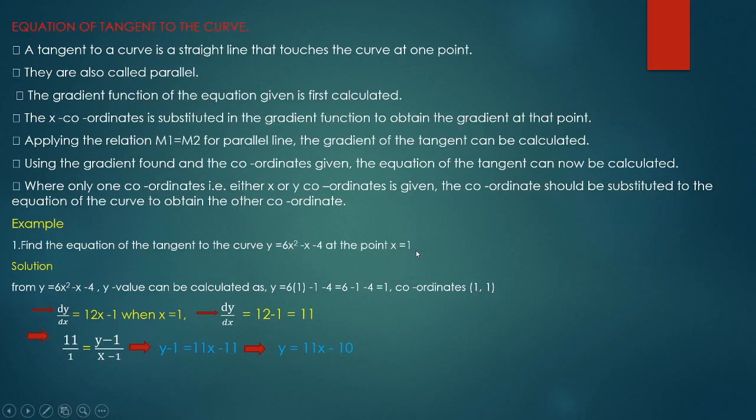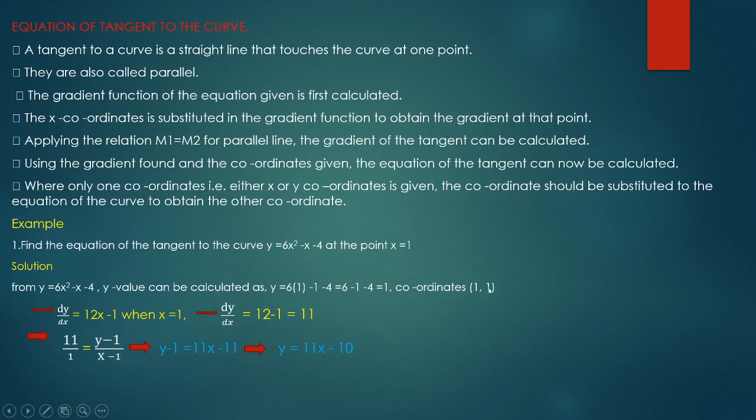To get the coordinate, we substitute in the equation given to find the value of y. So we substitute 1: 1 squared is 1, times 6, we shall have 6, minus 1, minus 4. So 6 minus 1 is 5, 5 minus 4 is 1. So the coordinate becomes (1, 1).